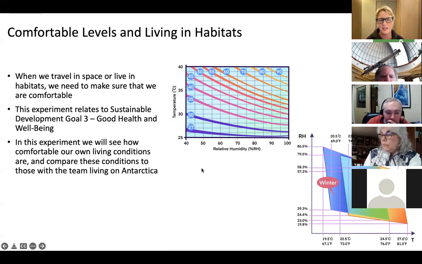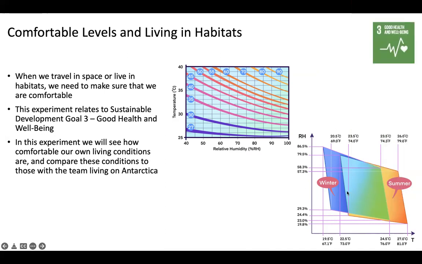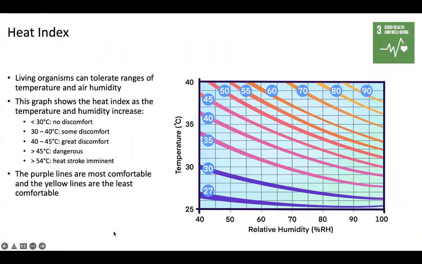And here what we get is the heat index and how comfortable or how uncomfortable we are. And we can also see here that there's a difference between summer and winter. So let's go to this one here where we have a look at the heat index.